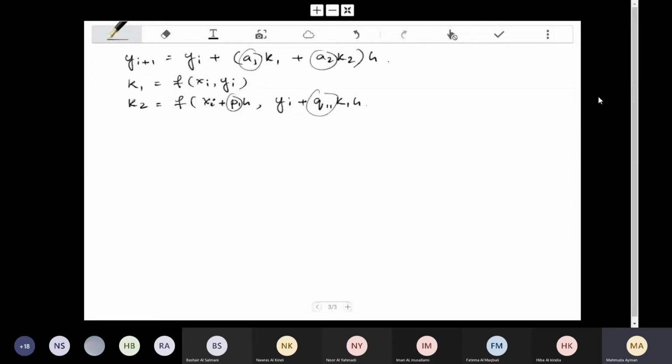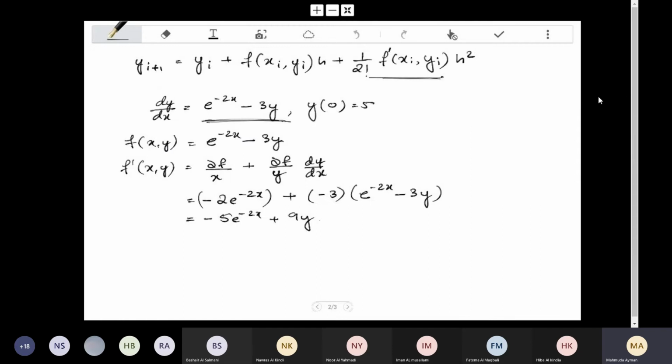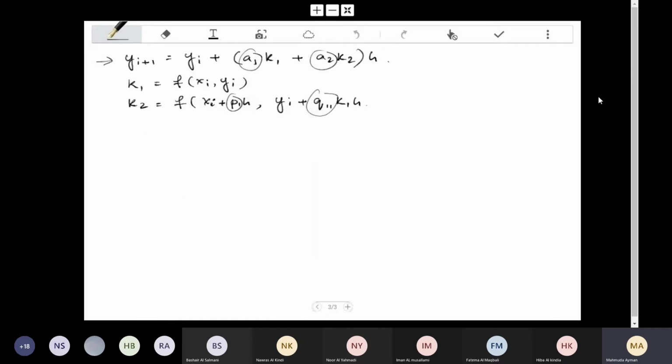So now here the values a1, a2, p1 and q11 are unknown. What Runge-Kutta did is they took this equation here and equated it to the first three terms of the Taylor series expansion. And they found out that they got three equations, which look like this.